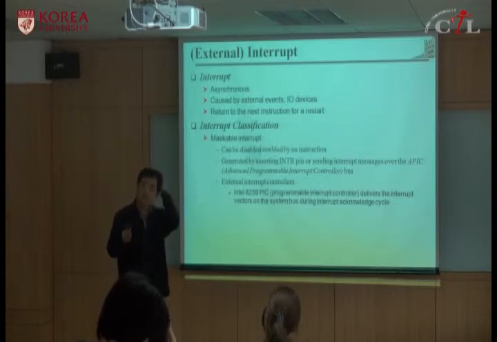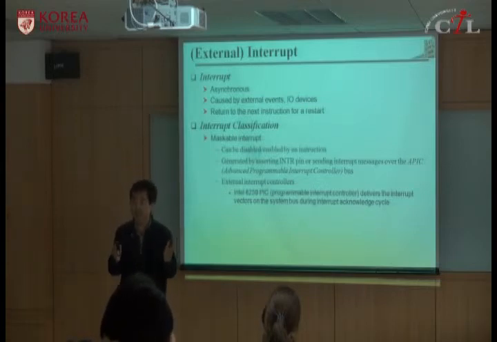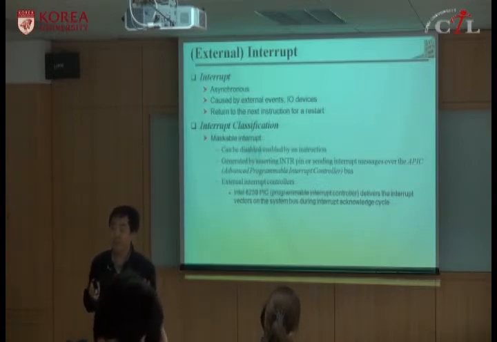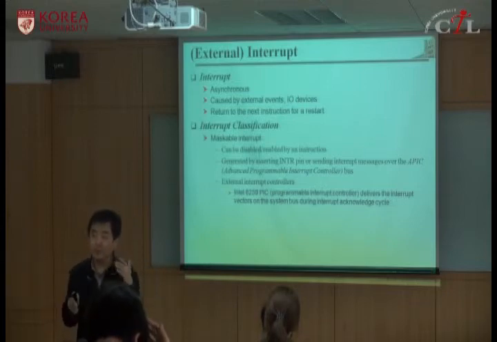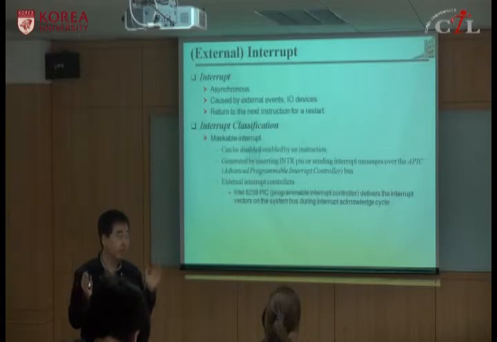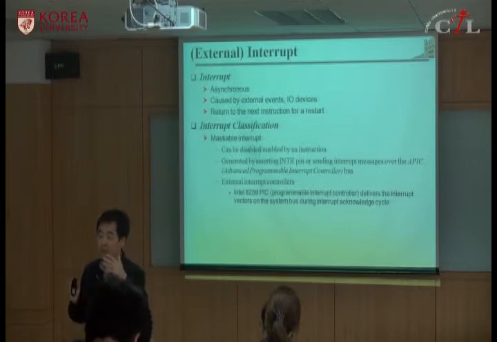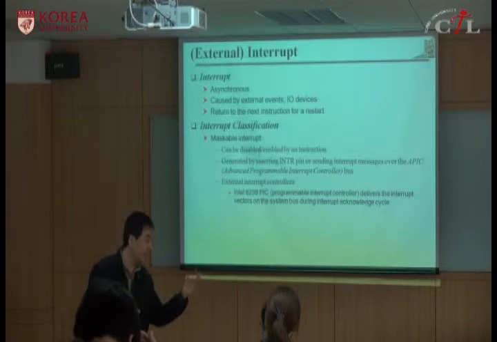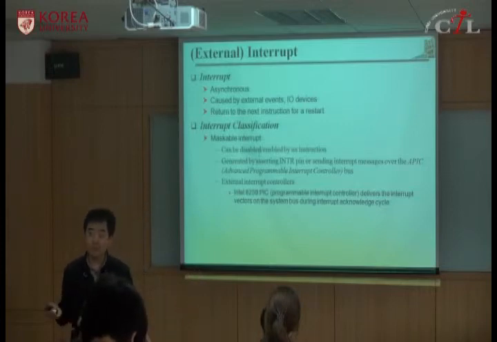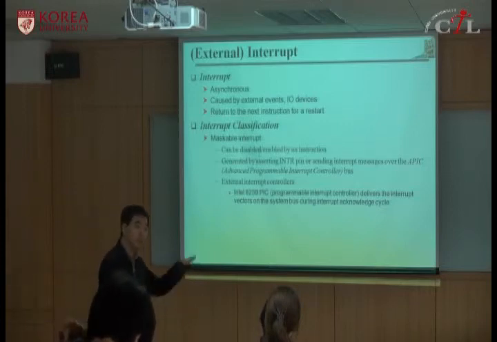So it notifies what kind of event you are generating, because the exception vector or interrupt vector is the identification number for the event. And the I/O device puts this event number on the system bus so that the processor knows, oh, I need to handle this kind of event. So using this number, they can go to the handler, okay? Because they can map from the vector to the handler address.